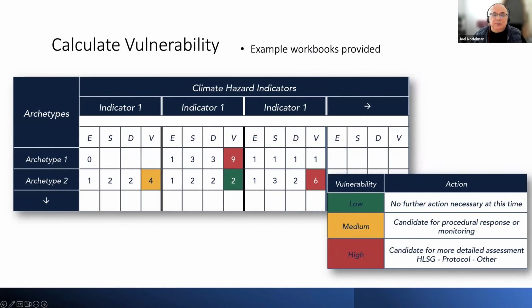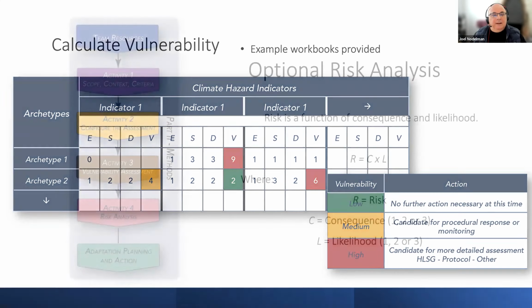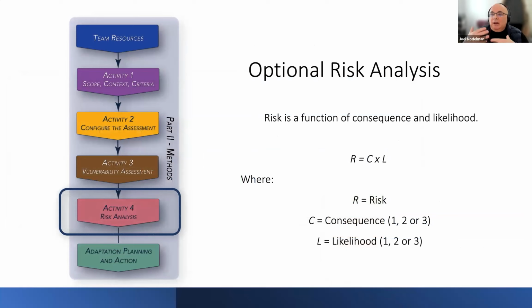So this is consistent with all PIEVC. We say if it's a high, then it's a candidate for this, candidate for that. This does not make the decision for the practitioner. It says, these are the things that you would typically think about if you were looking at high vulnerability. It offers up an additional optional risk analysis, because you may not want to.